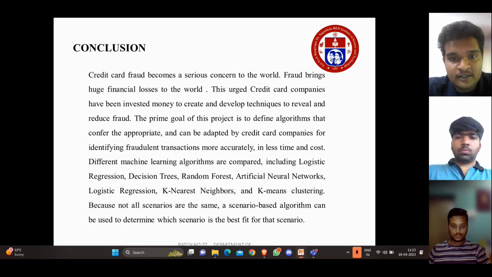The prime goal of the project is to identify algorithms that can be adopted by credit card companies for identifying fraudulent transactions more accurately, in less time and at lower cost. Different machine learning algorithms are compared, including logistic regression, decision tree, random forest, artificial neural networks, and KNN, to find which is the best fit for the scenario.